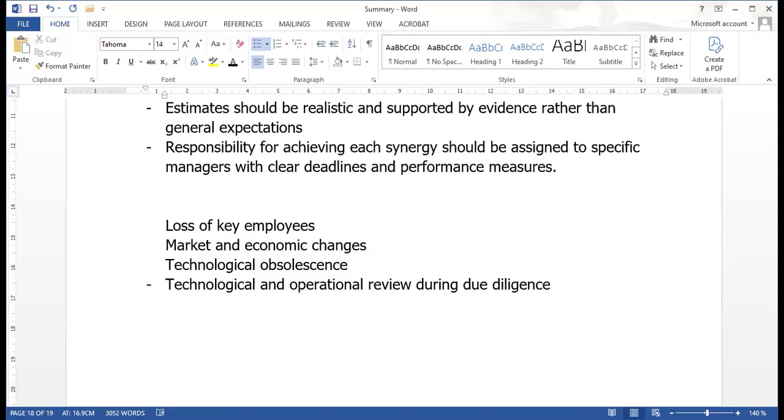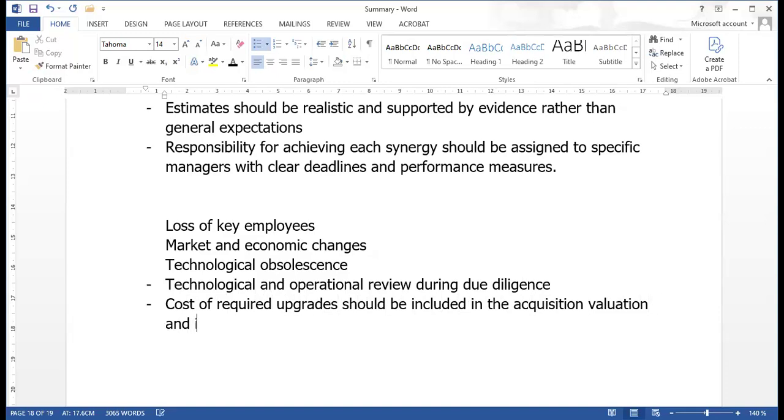The cost of required upgrades should be included in the acquisition evaluation and integration budget. You make sure that you have all those things in your budget.